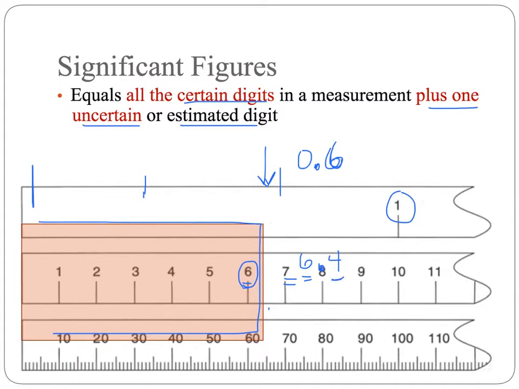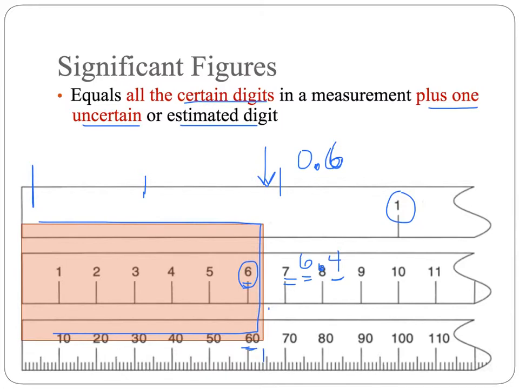And then down here on this final measurement, you can see that we're pretty clear that we've got 6, and yes, it is coming down to that little line that would make it 4, and then the uncertain or the estimated point is between these 2 lines of what would be 64 or 65.